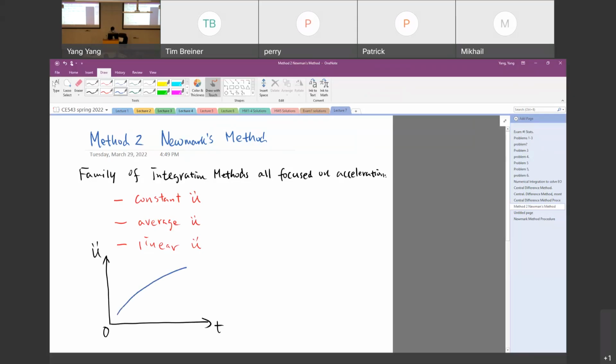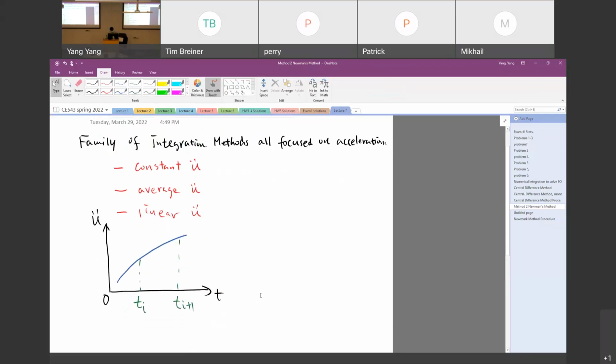For example, we focus on the time frame from Ti to Ti plus one.